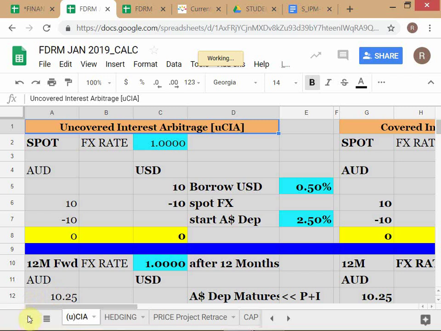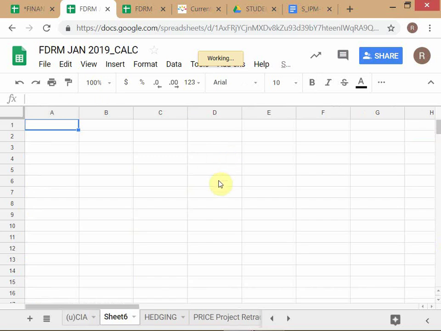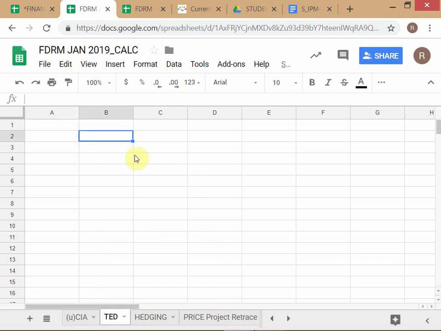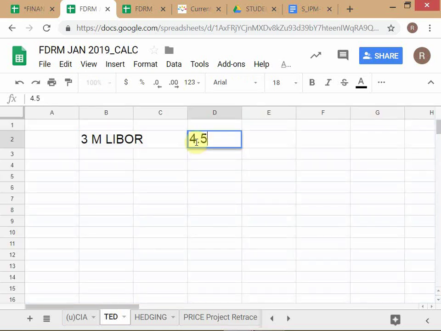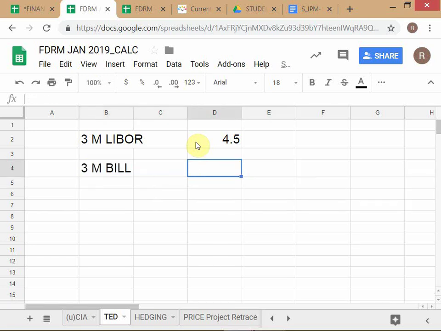So let's say the 3-month LIBOR is 4.5%, and let's say the 3-month bill is 3.75%. So the TED spread is, what is it?